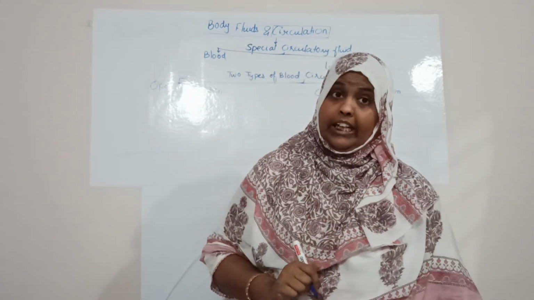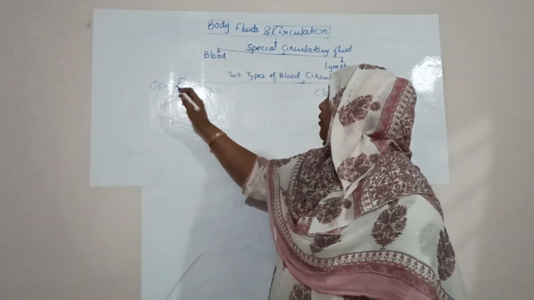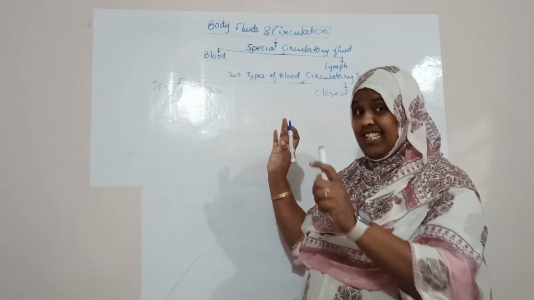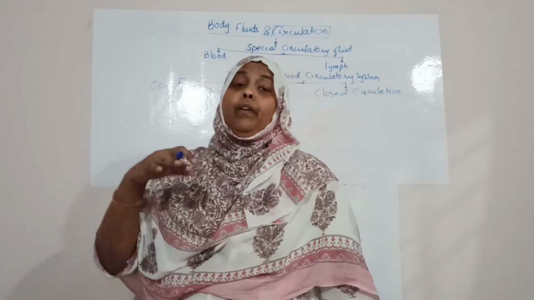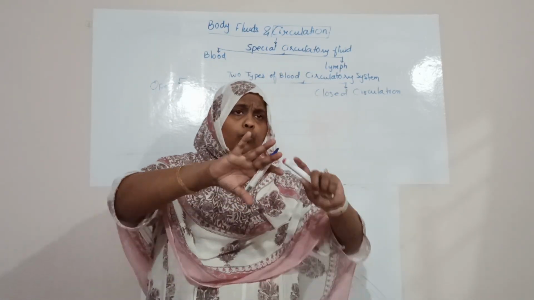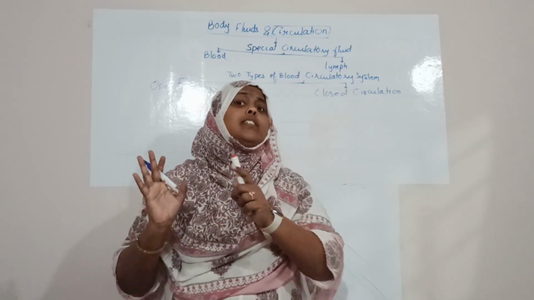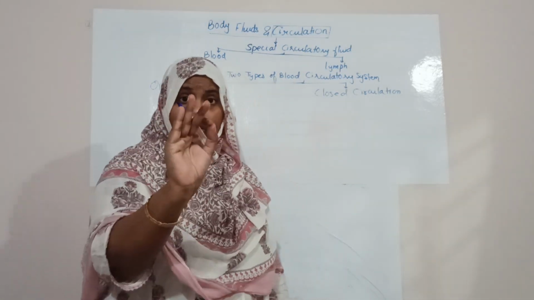In Kingdom Animalia, in phylum Arthropoda, we studied that an open circulatory system is present. Open circulatory system means the blood flows in the body cavity. It means no particular vascular system is present, the blood vascular system is not present.